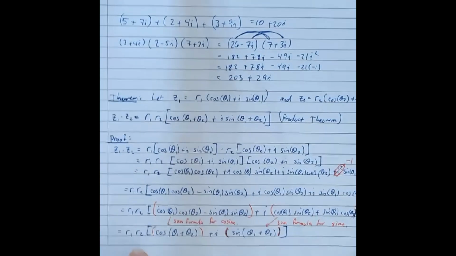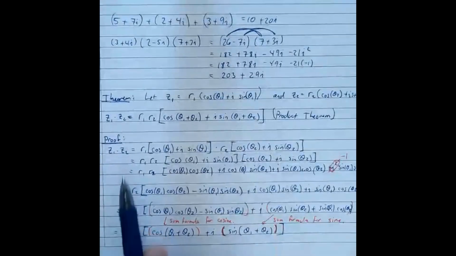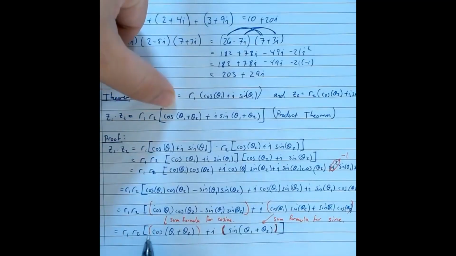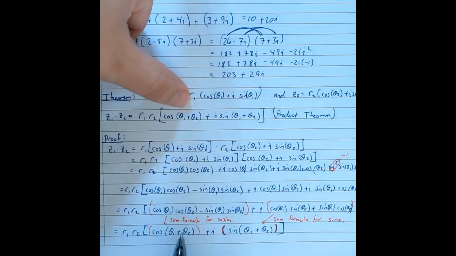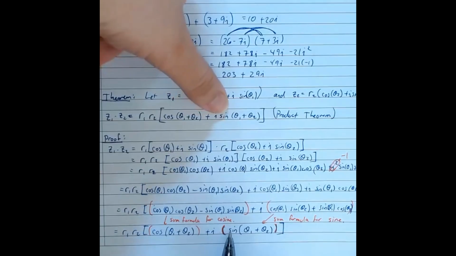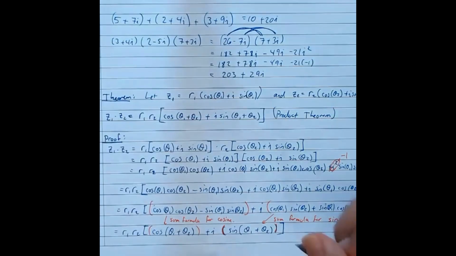Oh, but that's what we wanted, because now notice z1 times z2 is equal to r1 times r2 times the cosine of the sum of theta 1 and theta 2 plus i times the sine of the sum of theta 1 and theta 2. So that's exactly what we wanted, and that concludes our proof.